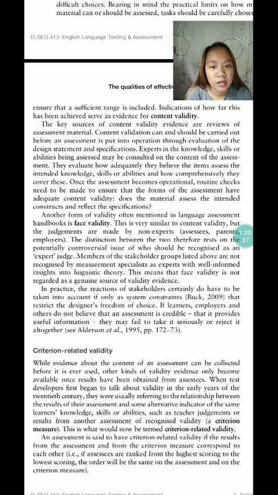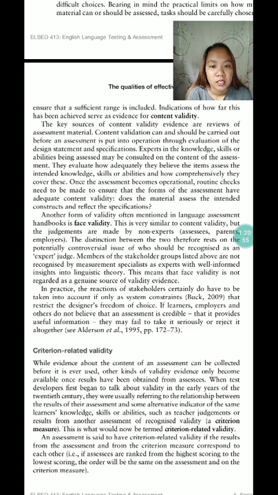Members of the stakeholder groups listed above are not recognized by measurement specialists as experts with well-informed insights into linguistic theory. This means that face validity is not regarded as a genuine source of validity evidence.